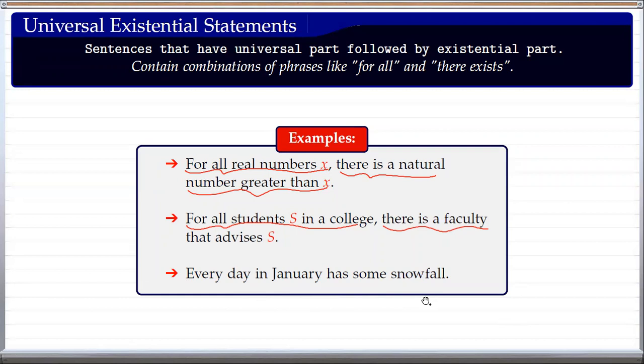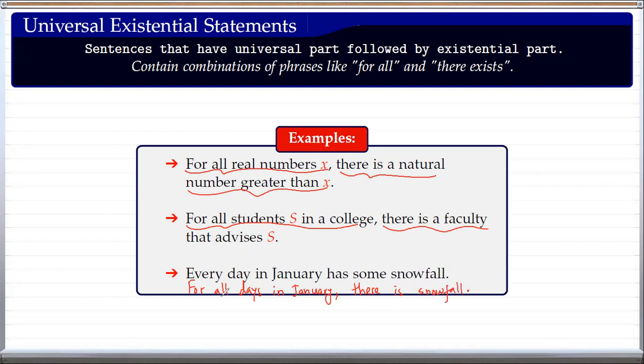So this is also a universal existential statement. It is written a little bit differently than the first two examples. So we can write this in a way that looks like the first two examples. For all days in January, I can say there is snowfall or some snowfall.